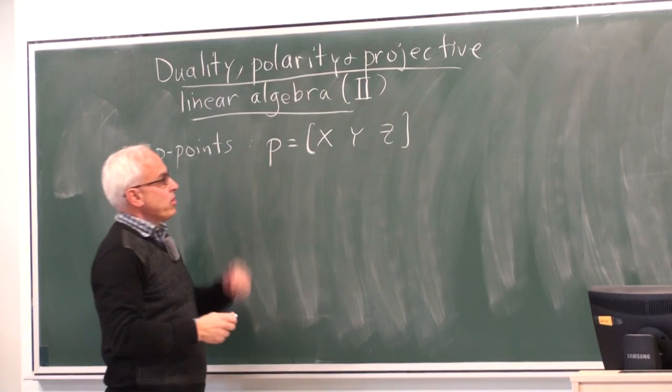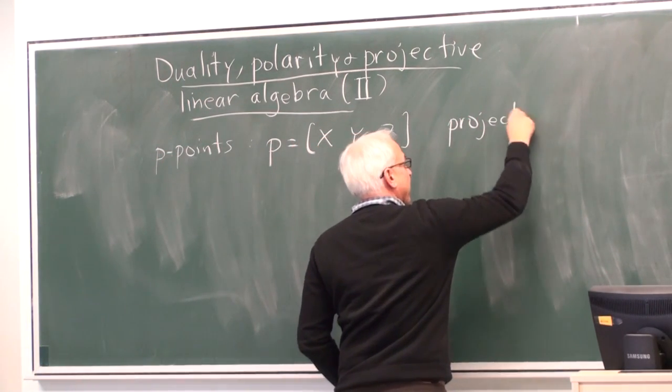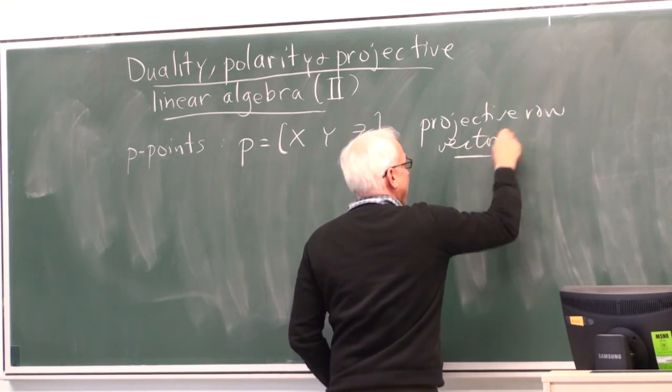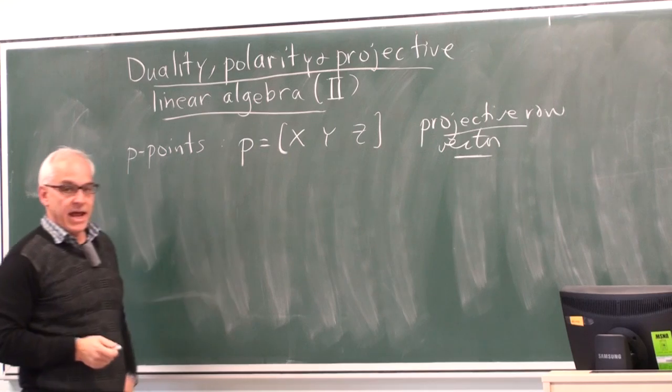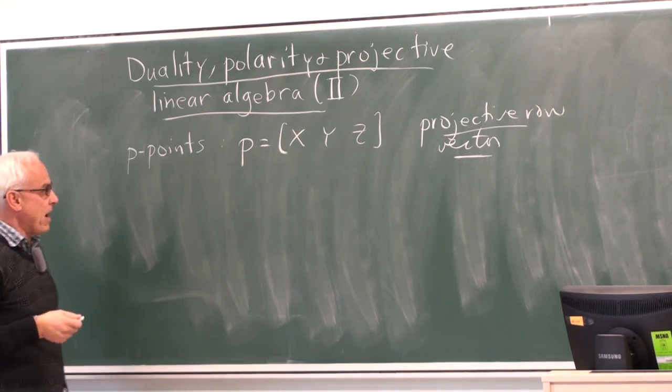where there's really a proportion, but this is to be thought of as a projective row vector. And by that we mean that it's invariant under scaling. And let me say in another way what that invariance under scaling really amounts to.